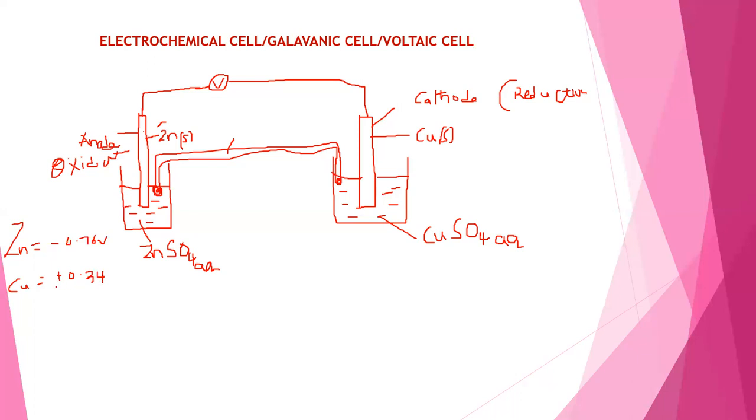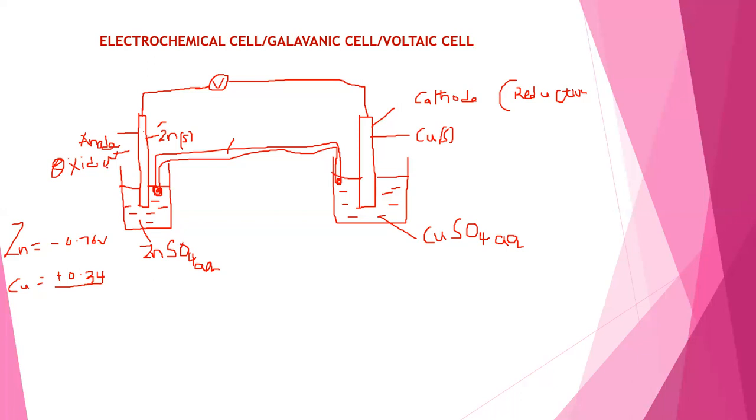To understand this, the one that has the higher electrode potential is always an oxidizing agent. Therefore, it is always reduced. The one with the lower electrode potential undergoes what is called oxidation.